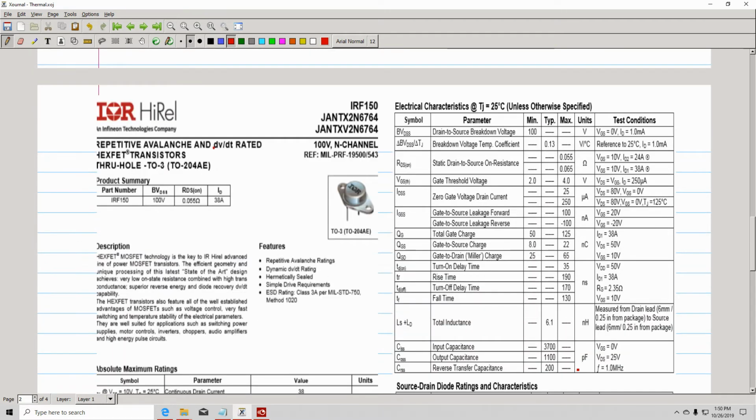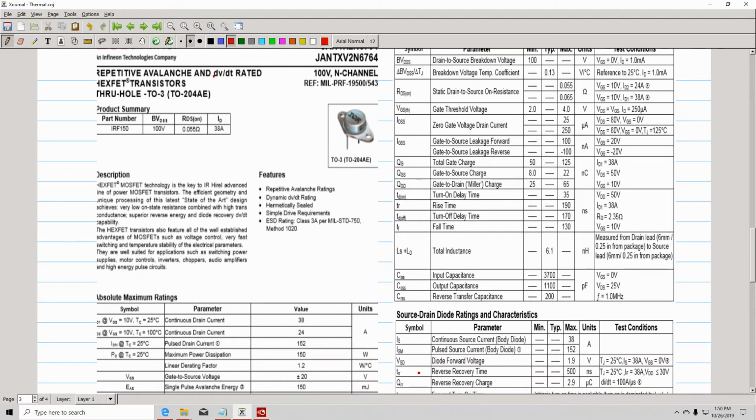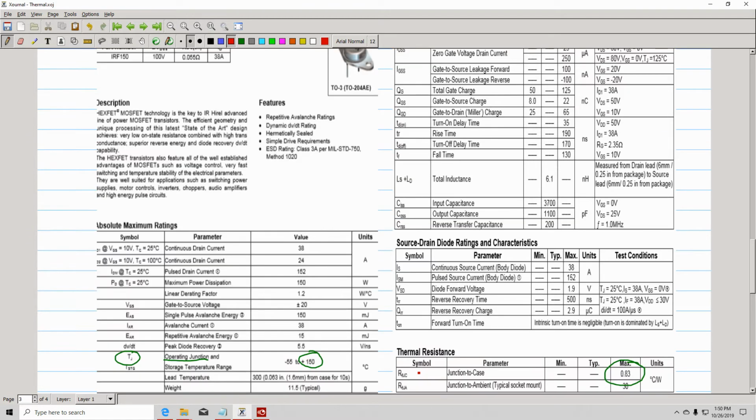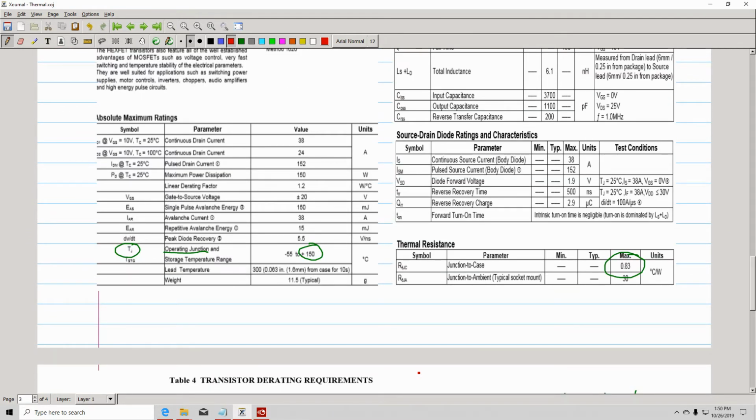Now in the last simulation, I showed that I used an IRF150, and I have the data sheet here. Some of the parameters that you need to look for is TJ, the operating junction temperature.